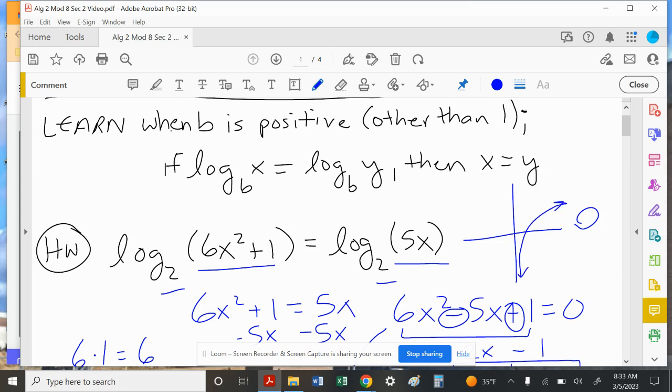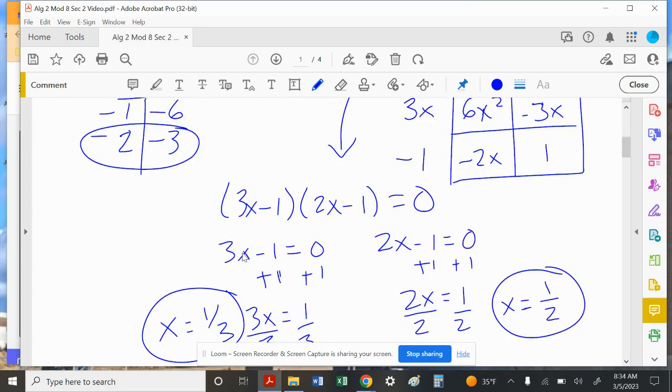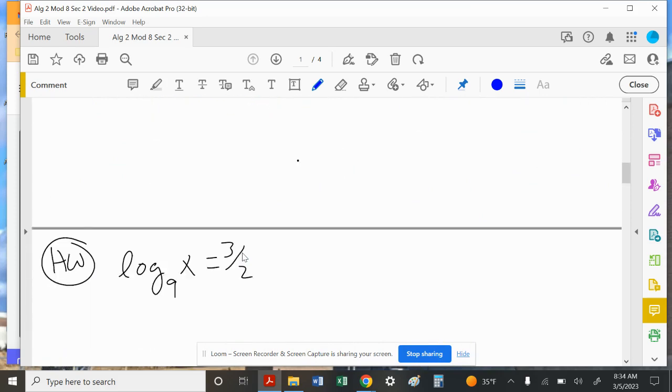So that means if we have a negative value, if this turns out to be 5 times negative 2, then we can't take the logarithm of it. It doesn't matter what the number is, but we can't take the logarithm of it. Same thing on this side, but notice this one will never go negative because of the squared. Okay, so those two values will work out.